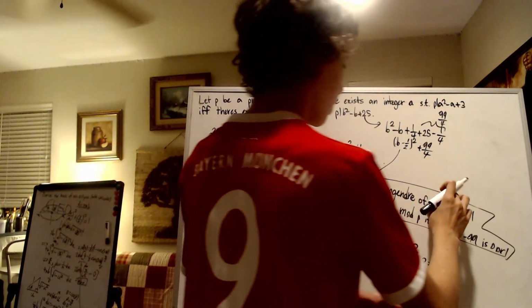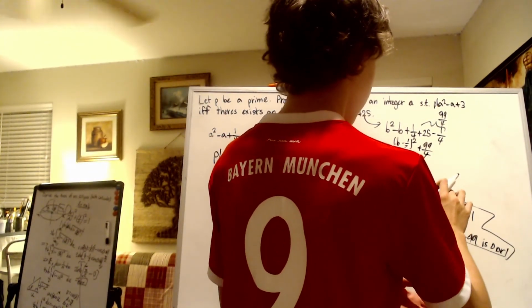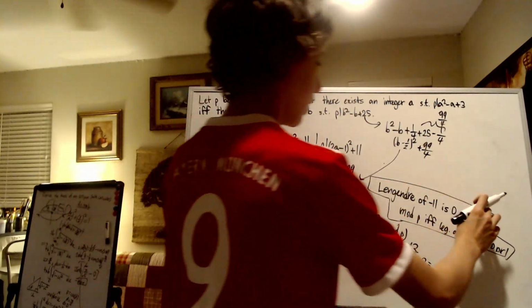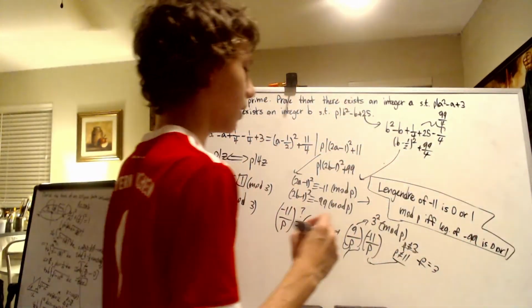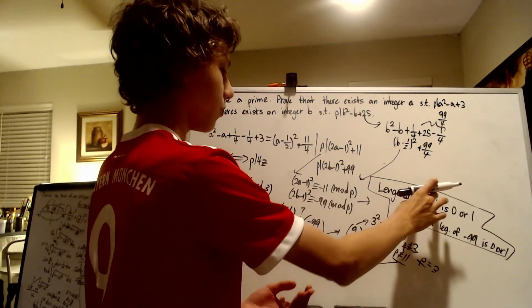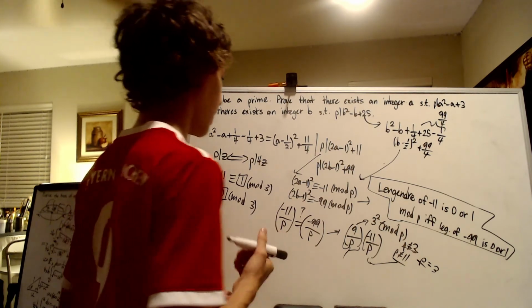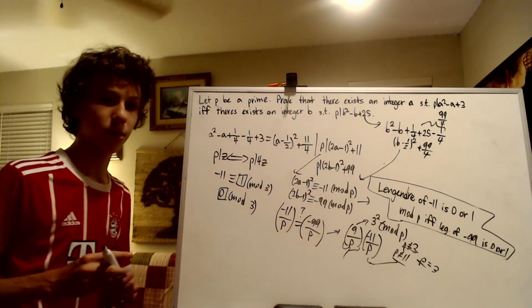But that actually implies that −11 is going to be congruent to 1, or the Legendre of −11 is 1. So that actually finishes all of our extra cases, and thus it finishes the problem.